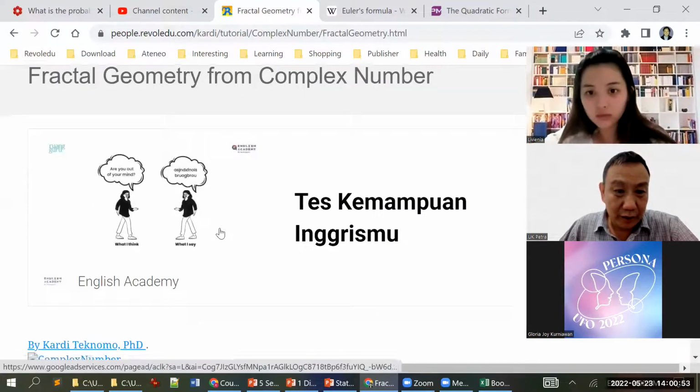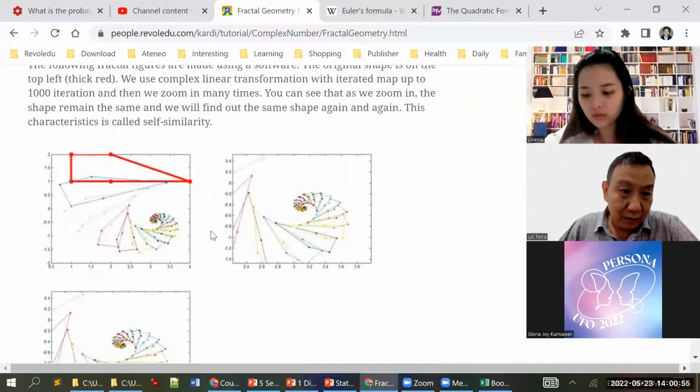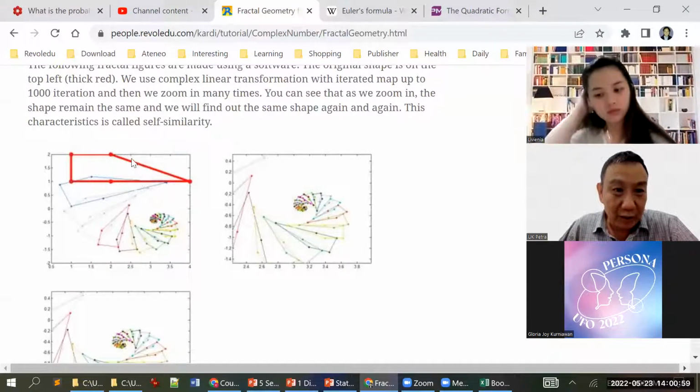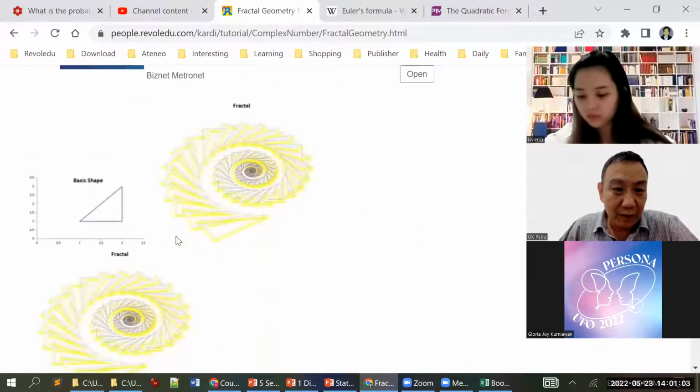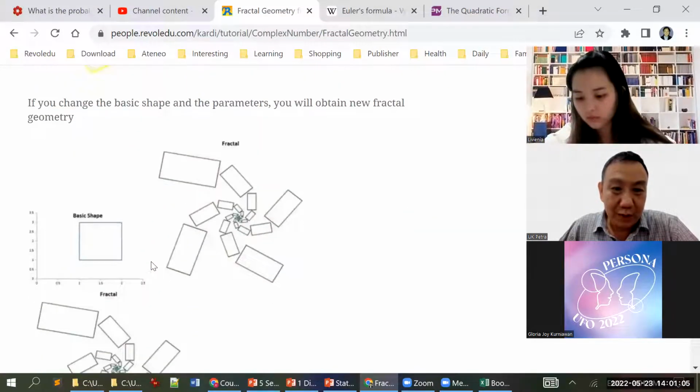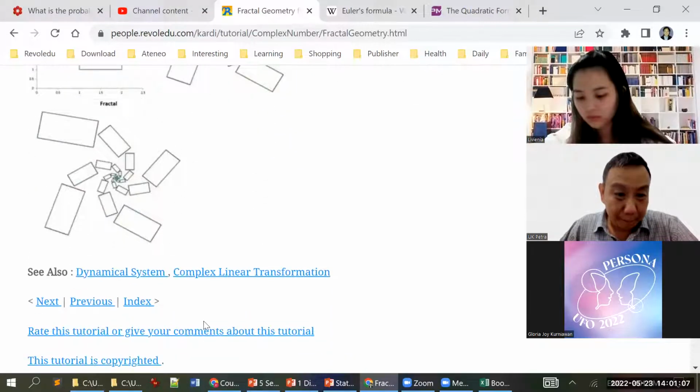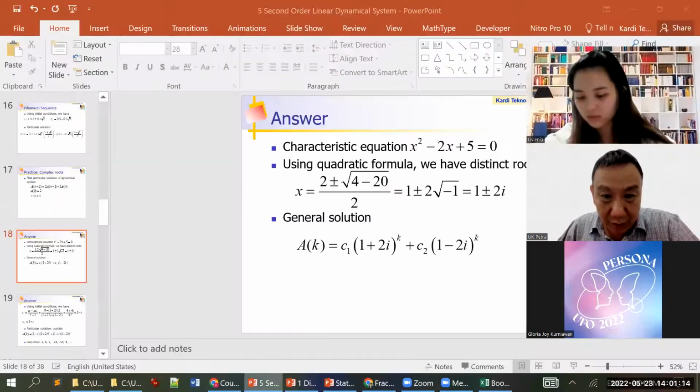This I created in Excel, so you can do fractals and different shapes of fractals based on complex numbers. This is based on dynamical systems. Anyway, let's go back to our topic.